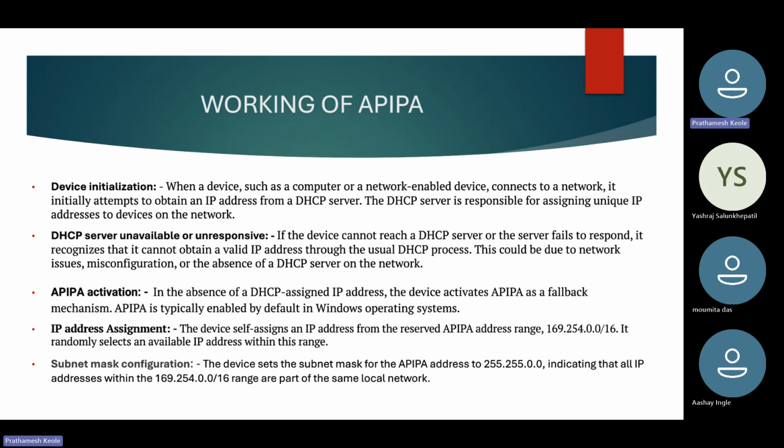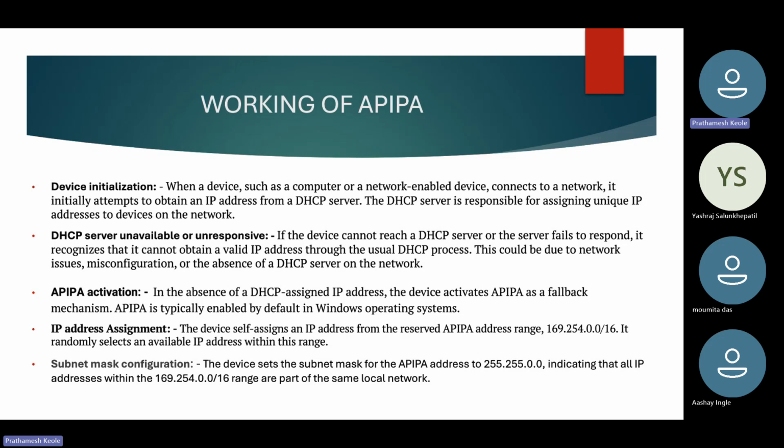Then subnet mask configuration. The device then gets a subnet mask of 255.255.0.0, indicating that all IP addresses within the 169.254.0.0 range are part of the same local network. Then comes address conflict detection.